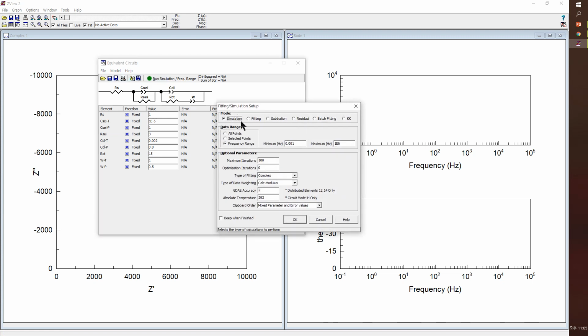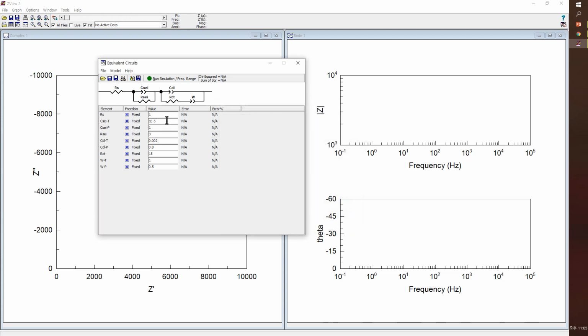So right now we are in the simulation mode and frequency range is fixed between 0.001 millihertz to 1 million hertz. That's enough. Then okay. Then click the run simulation. Okay, that's it.